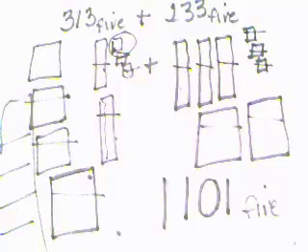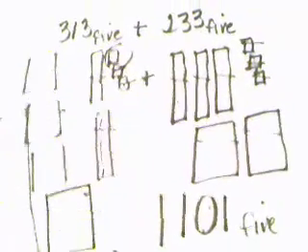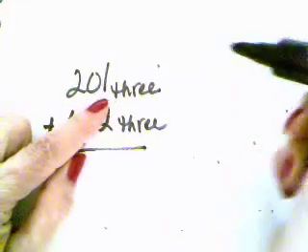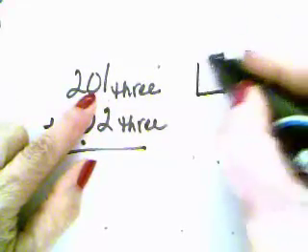Alright, let's do another addition with base 3. The problems can be written vertically as well as horizontally. So let's draw out what we have. I have 1 unit, I have no longs, and I have 2 flats.